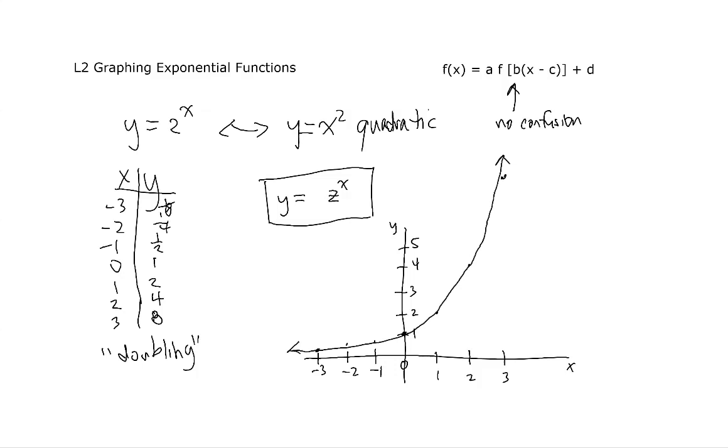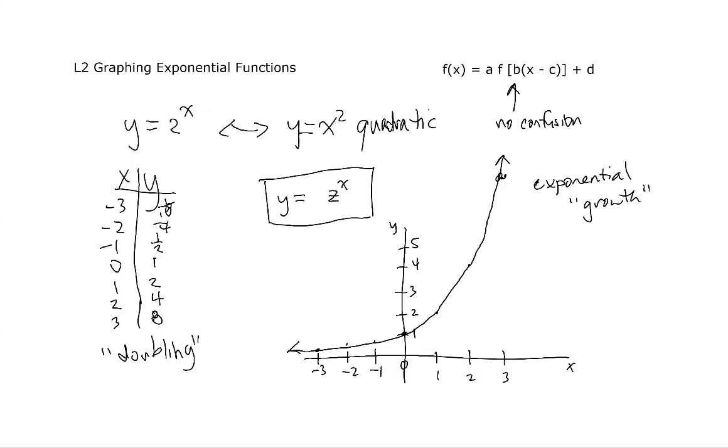So this is an exponential growth graph. It doesn't look like a parabola at all. If you only saw the domain from 0 to 3, it could look parabolic, but it doesn't.